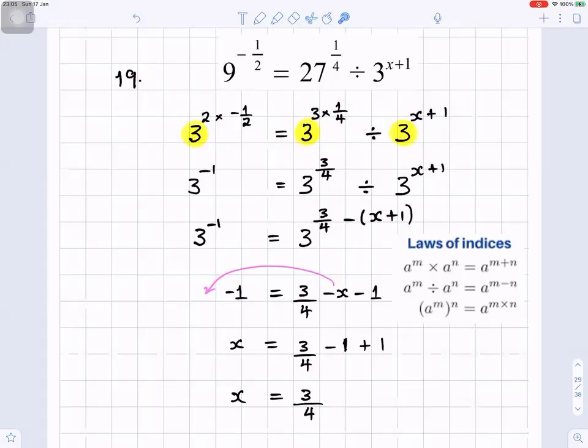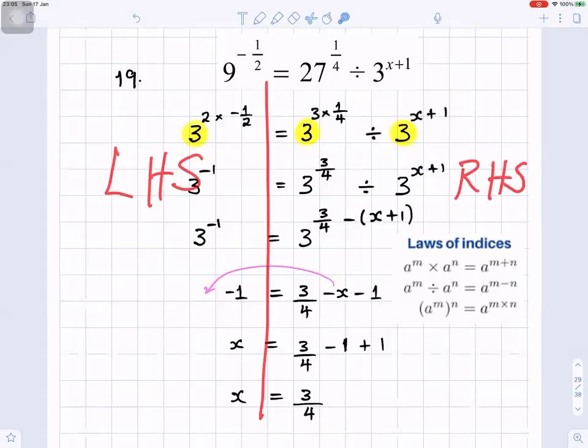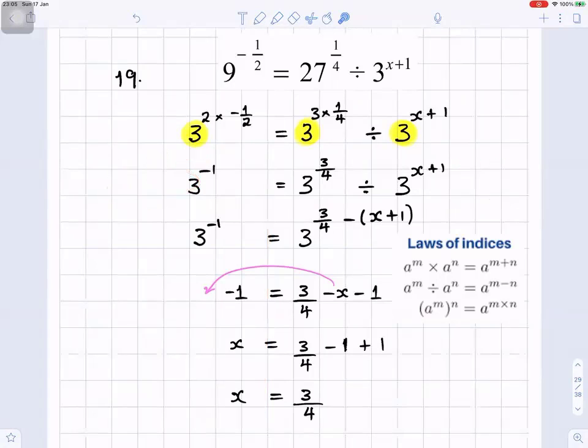Now on the right hand side, if you put a line like that, that's your left hand side, and that's your right hand side. On the right hand side, we can put these two powers together because the base is 3 and 3. So it's 3 over 4. When you divide, you subtract. So it's minus, put that in a bracket, x plus 1.